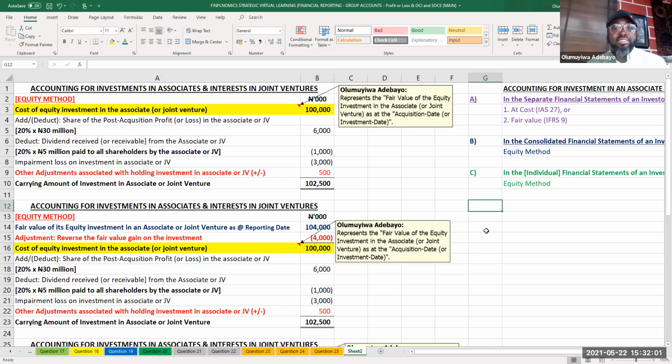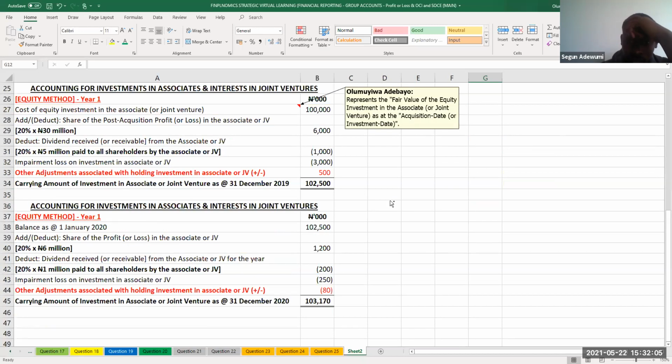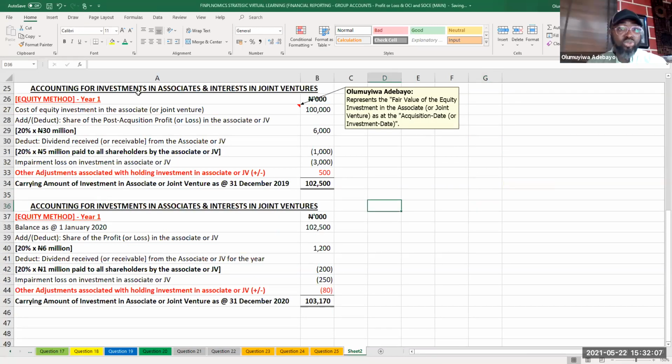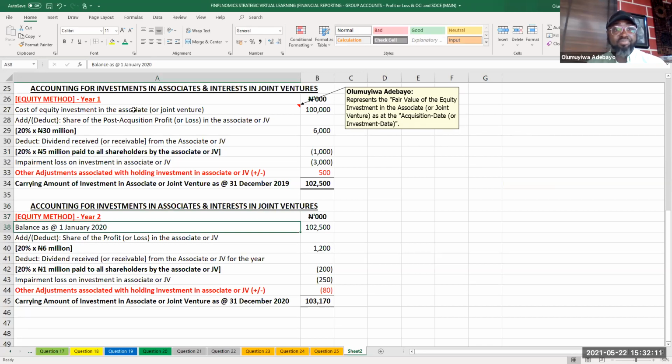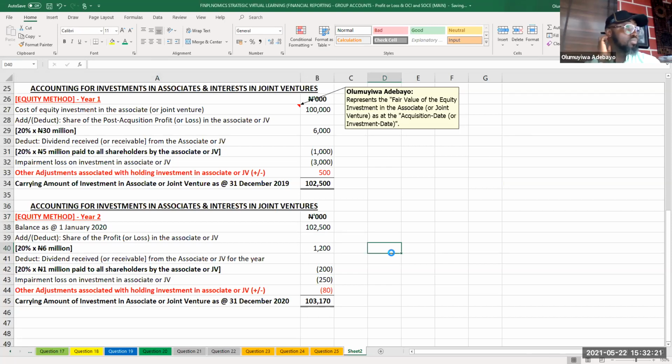Okay, and in the real life sense, how do you do it on a year-on-year basis? This is year 2, this is year 2, this is year 1. And that is that. Any question?